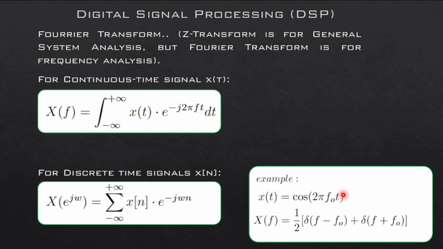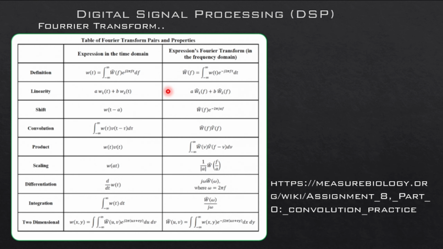Because cosine omega t is equal to e^(j omega t) plus e^(-j omega t), divided by 2. So this is what we're having here, because the transform of e^(j omega t) is a delta function. These are the different transformations.